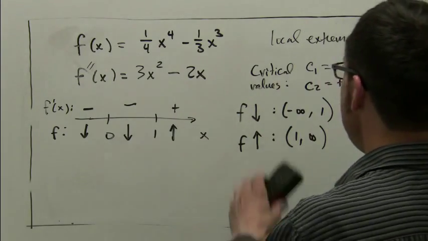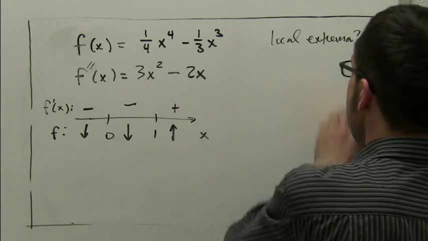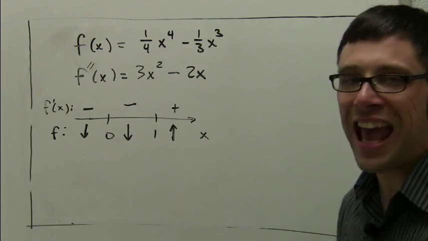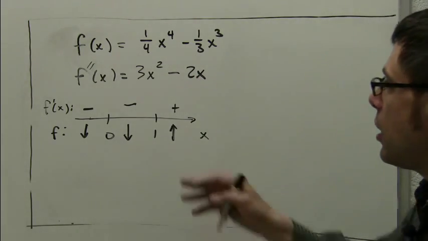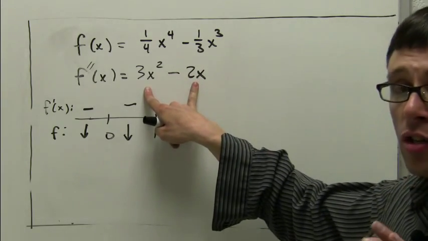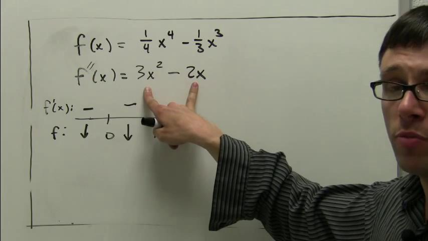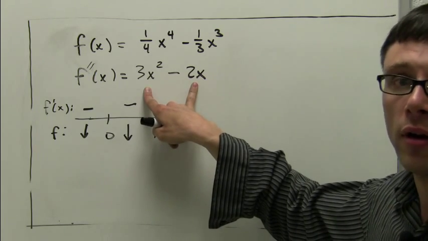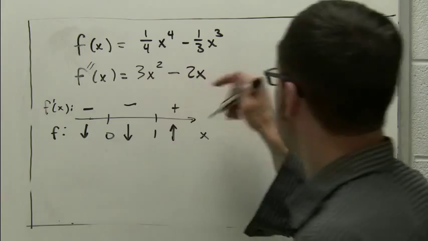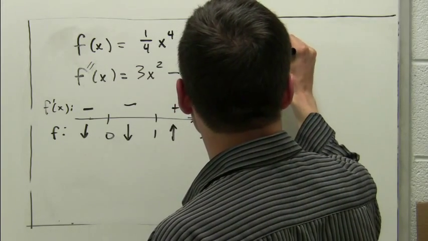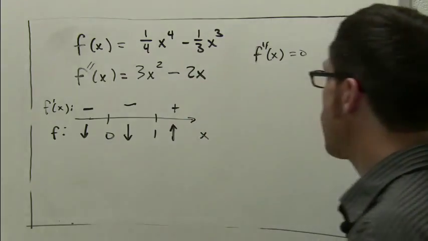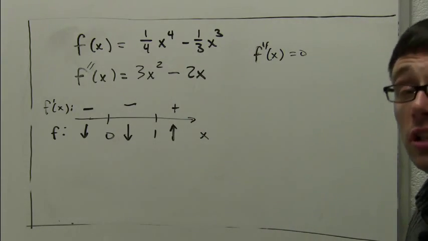For the second derivative test, I'm looking for the concavity of the function, so I first need to look for inflection points. This second derivative is a polynomial, which means that it exists everywhere, and so I only need to look for places where the second derivative is equal to 0. Those are the only places where the function may have an inflection point, but we still need to check.